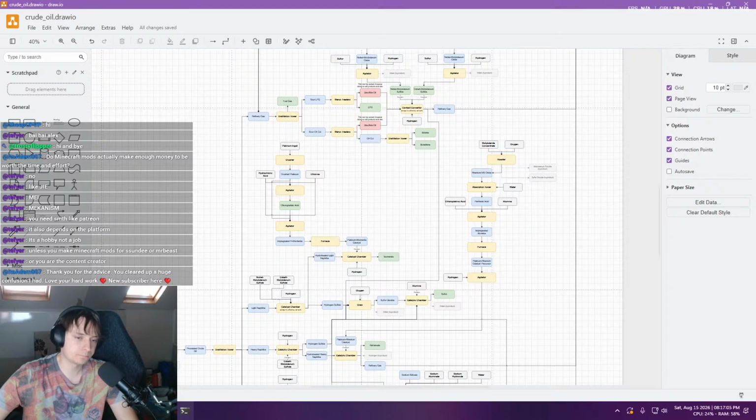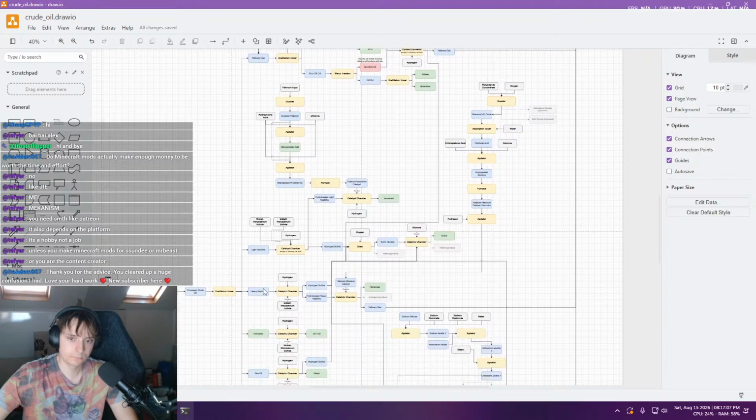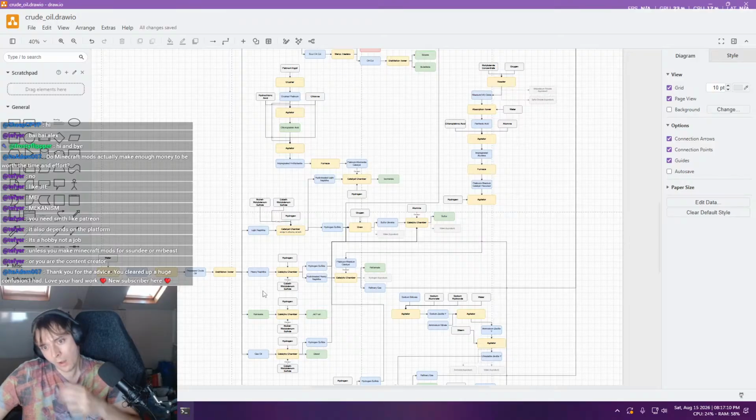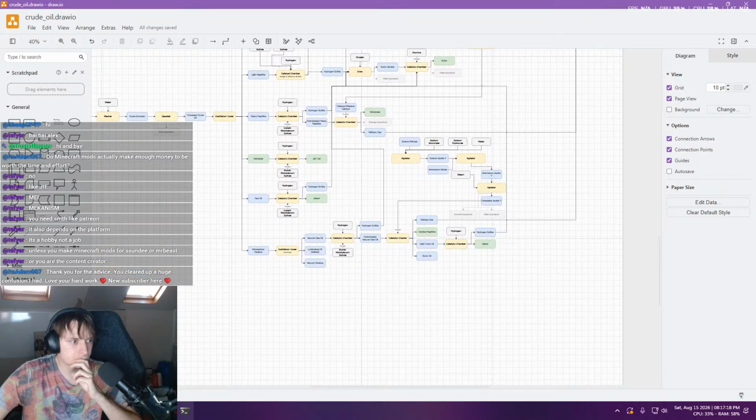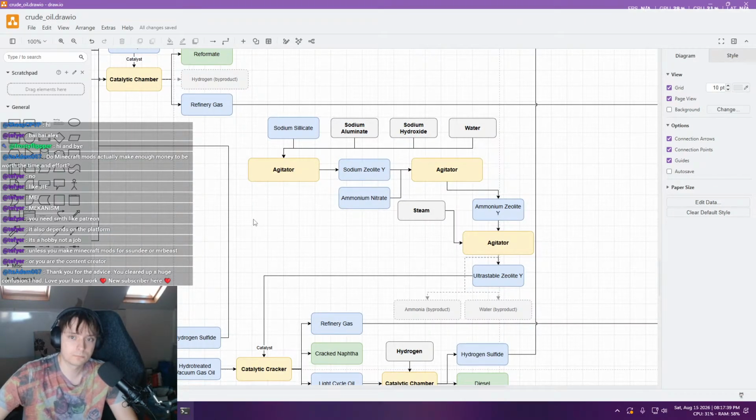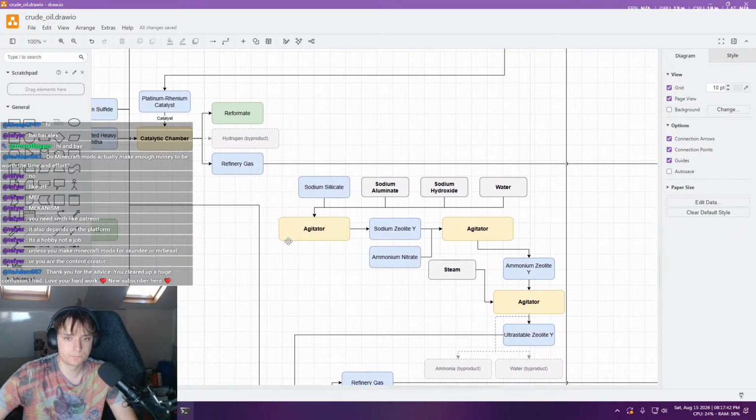I would say we use crushed quartz. That would be the easiest way.